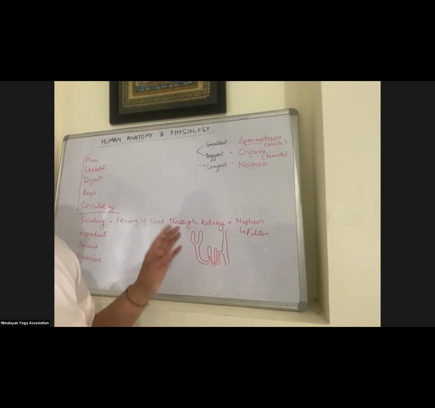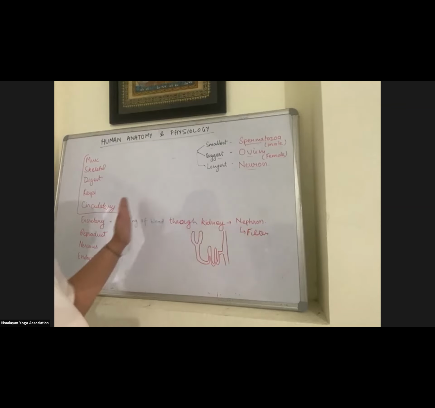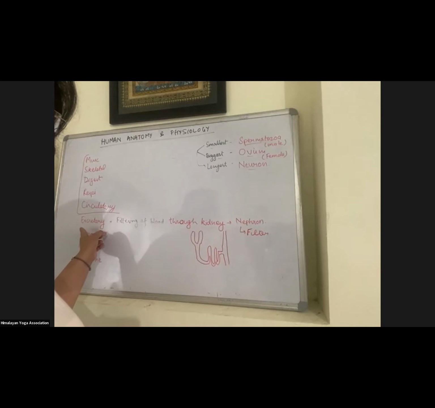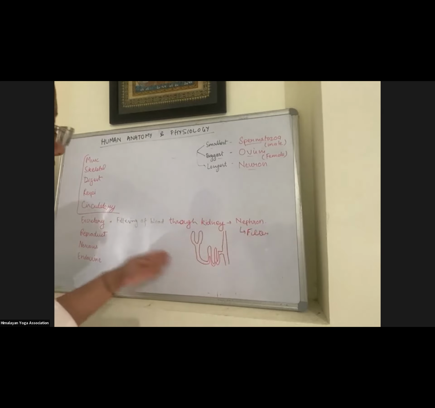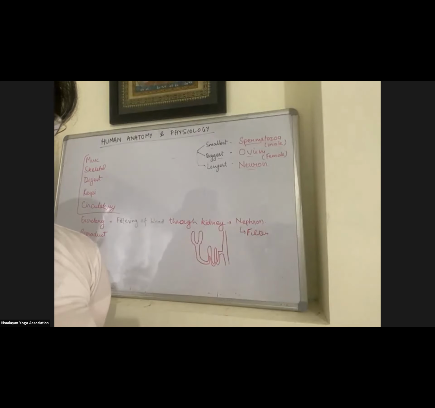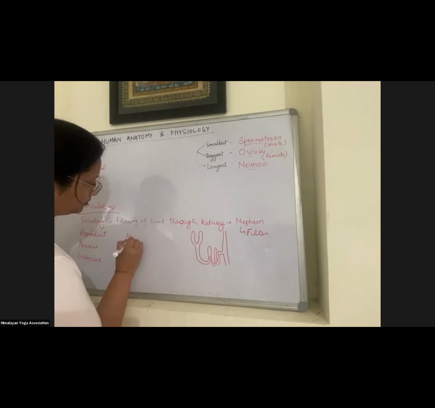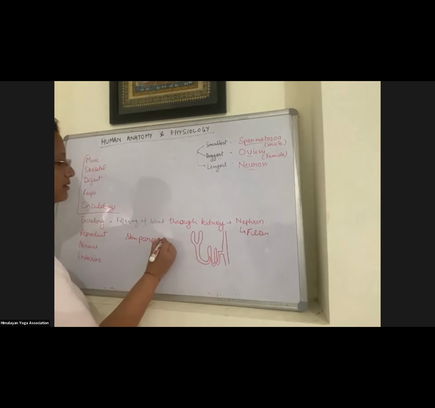So you tell me, is this the only organ responsible for excretion? No. What else is responsible for excretion? The skin pores, yes. What does it do? The sweat comes out. Yes, very good. And what else?